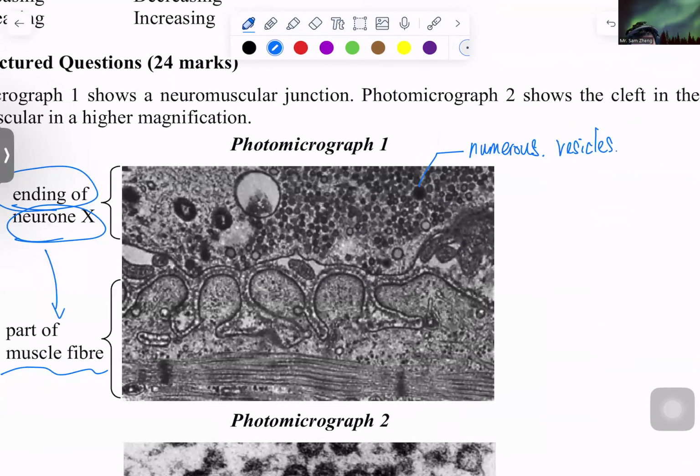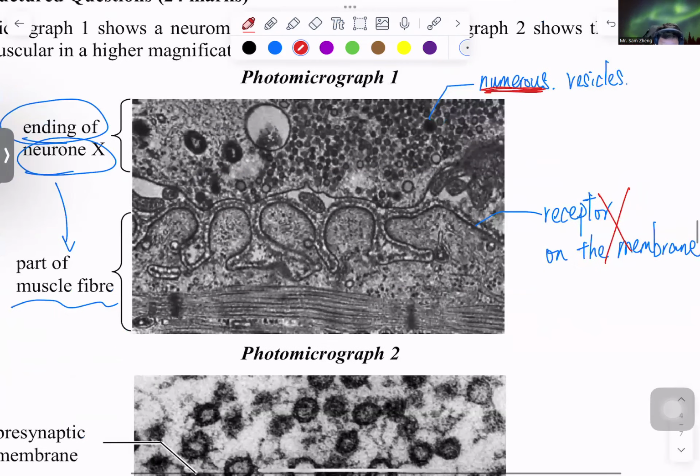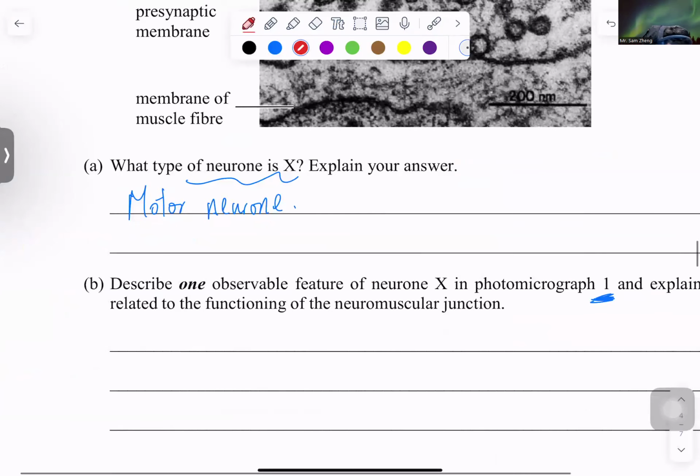Looking at the photomicrograph, we could not see any receptor on the membrane. So if you mention the receptor, sorry, no mark will be given. But if you mention vesicles, remember you need to say that there are numerous vesicles.